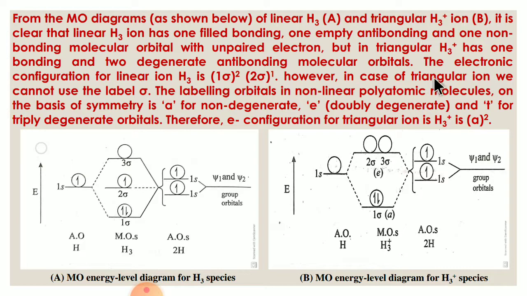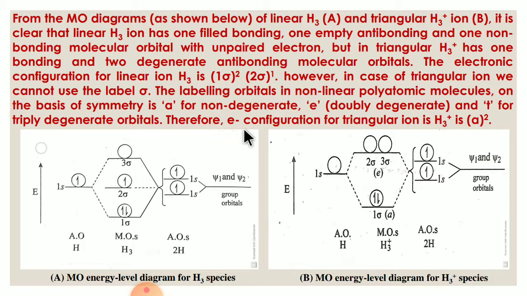However, in the case of the triangular ion we cannot use the label sigma. Instead of sigma, the labeling of orbitals in nonlinear polyatomic molecules on the basis of symmetry is A for non-degenerate, E for doubly degenerate, and T for triply degenerate orbitals.